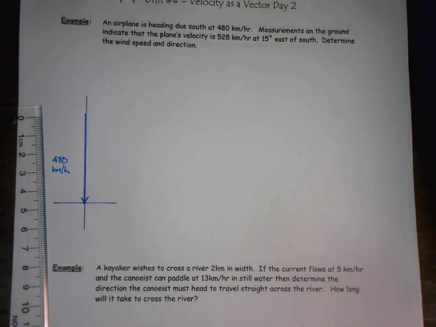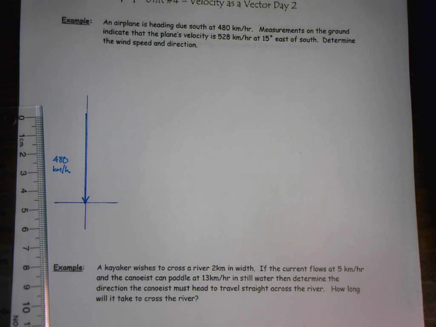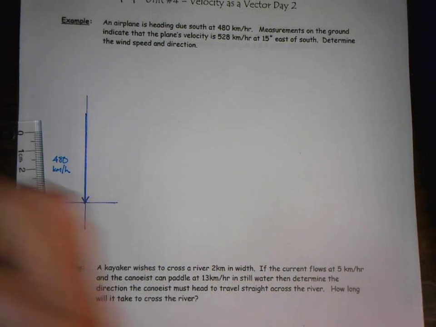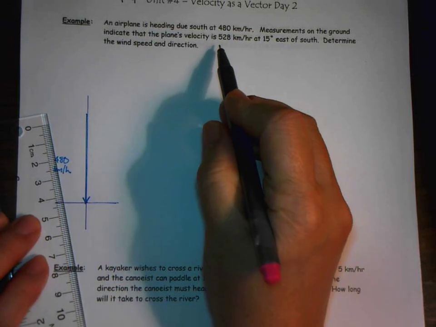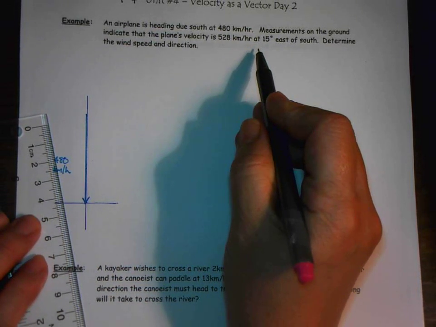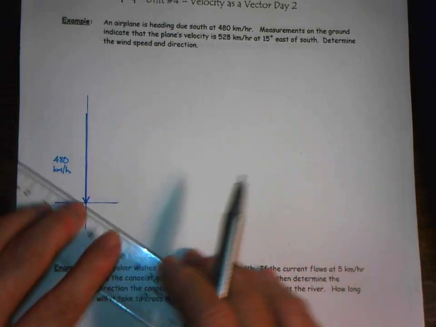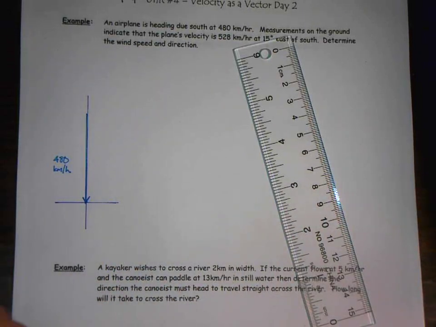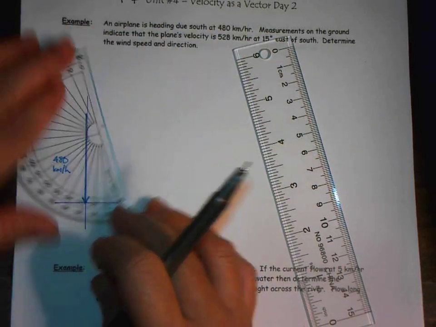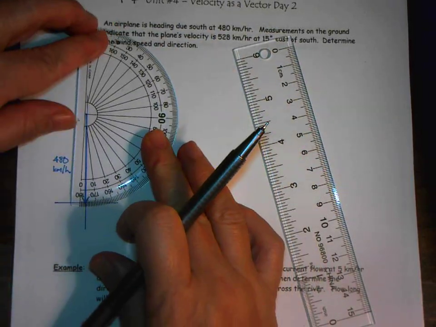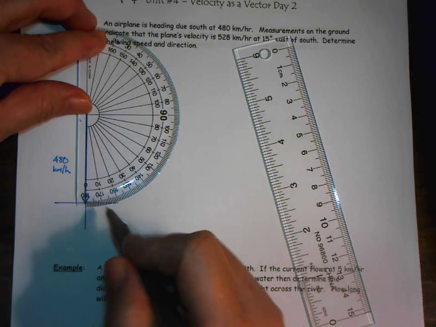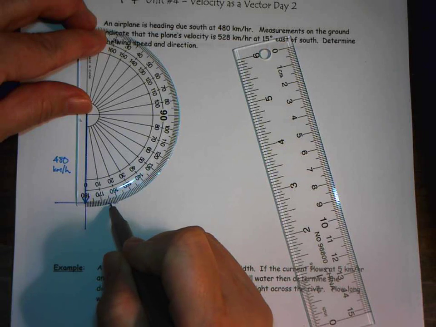And the ground speed of the plane is 528 kilometers per hour at 15 degrees east of south. Okay, 15 degrees east of south. That's 15 degrees right over here, east of south.